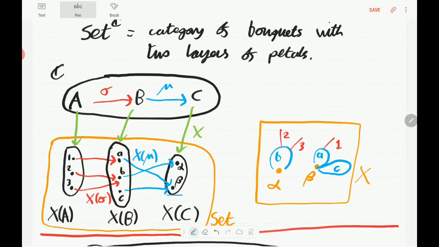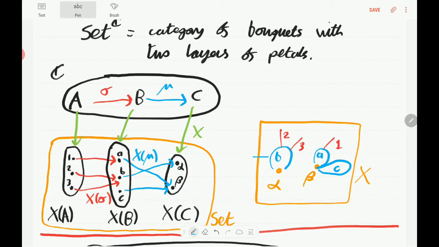So we think of the elements of X of C as vertices. We think of the elements of X of B as petals of the first level. And vertices can have different sets of petals, depending on what gets sent to a petal under X of mu.